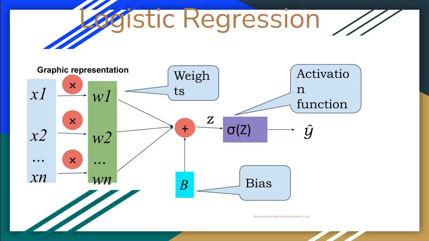This function is also called the activation function, and, as we will see later, there are other possible functions besides the sigmoid function. The value generated by the activation function is the value emitted by the network, represented here by the letter y with a circumflex, also called y-hat. We use this notation to indicate that it is an estimated or calculated value, and to differentiate it from the expected or real value.